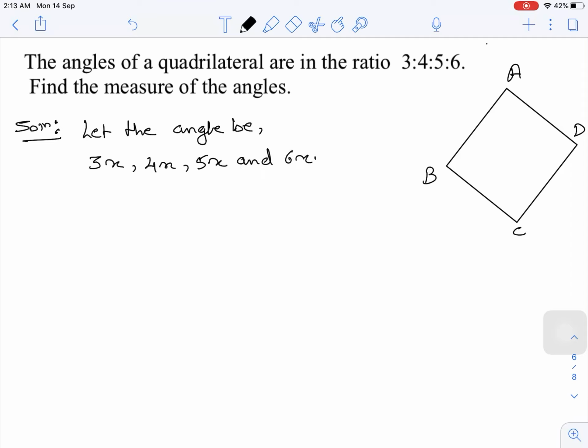Now if you write it here, our first angle will be 3x, then 4x, then 5x, and the last one is 6x. Now we have learned that the sum of all these angles is equal to 360 degrees.